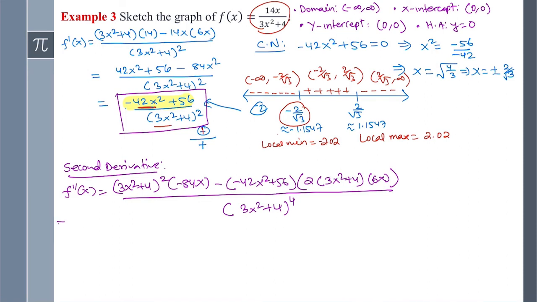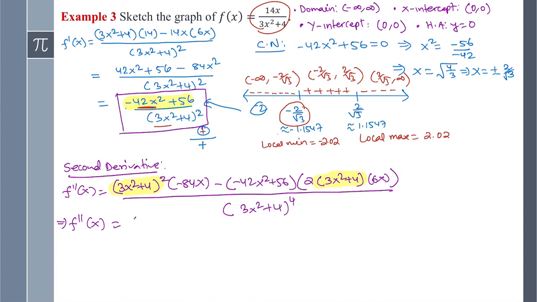Now what I'm going to do here is factor this out, which will probably help us simplify a little easier. Okay, so we have 3x squared plus 4 to the square here, and then we have the same factor here, so I'm going to factor that out.